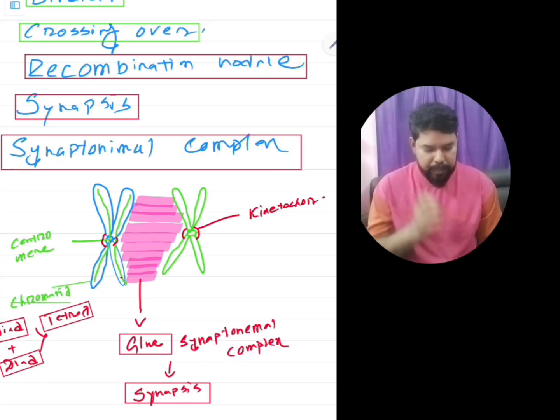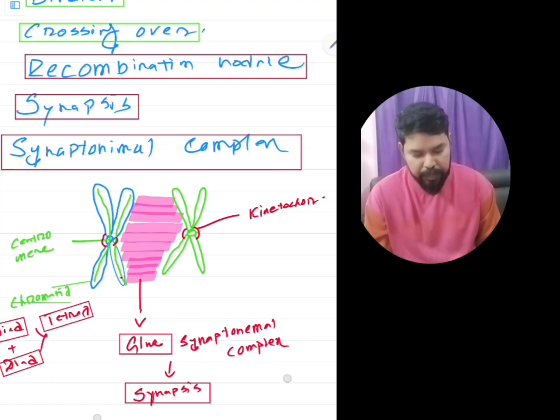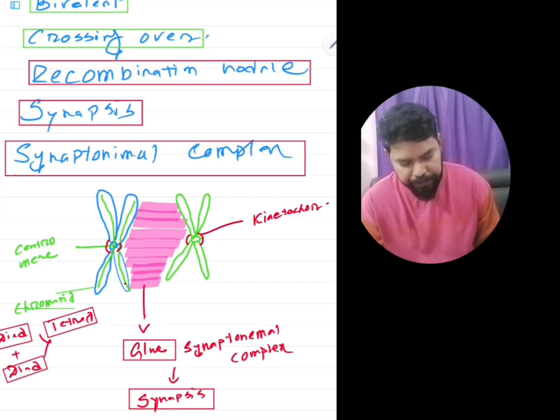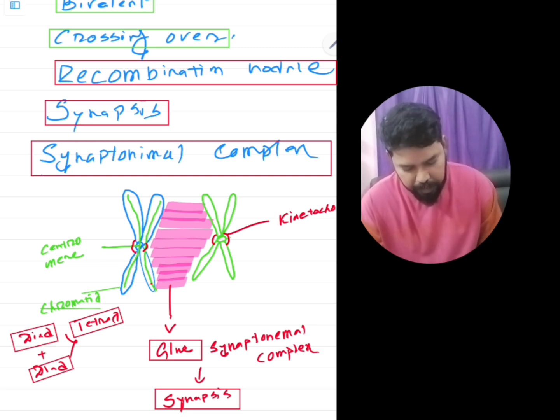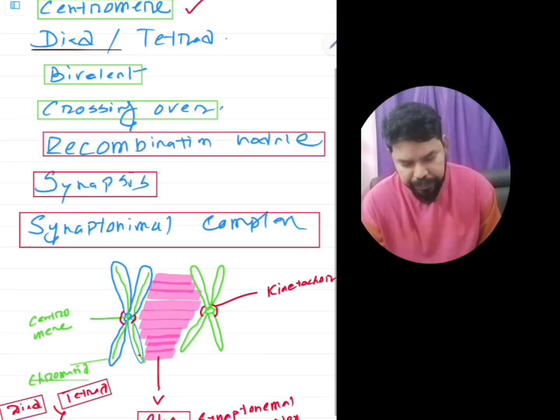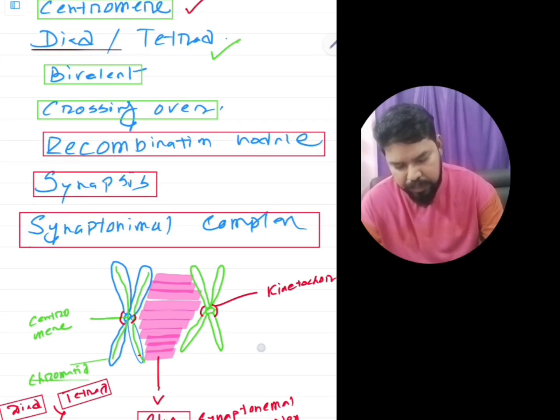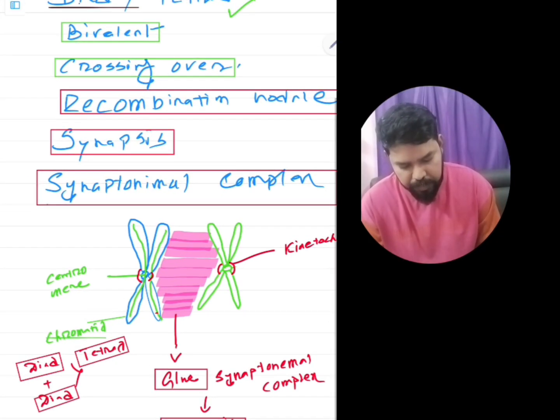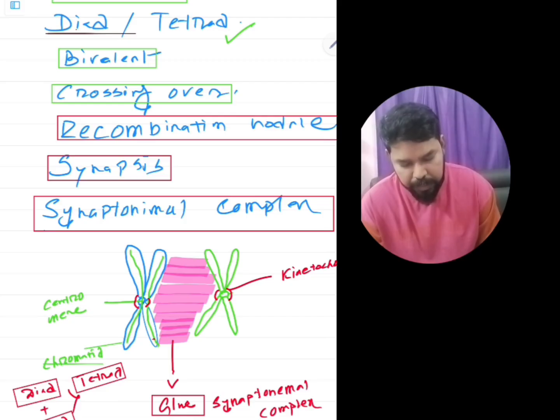After fusion of the two chromosomes, there will be a combination of entire chromosomes, so dyad and dyad convert into a tetrad. Each chromosome is also a kind of univalent, and univalent and univalent will form a bivalent.